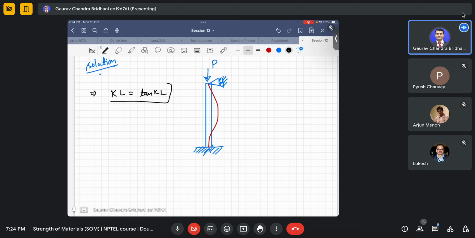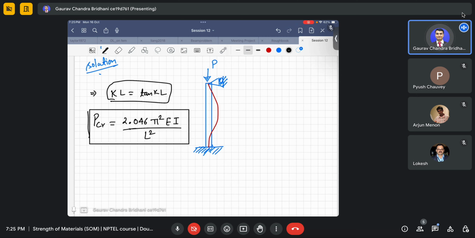The formulation comes finally after implementing the boundary conditions, and finally we write the P critical in this case as 2.046 pi squared EI upon L squared. Okay, so this is the P critical we talk about here.